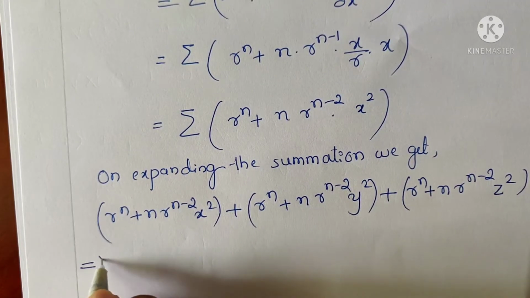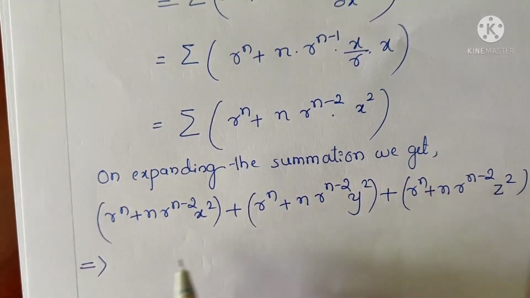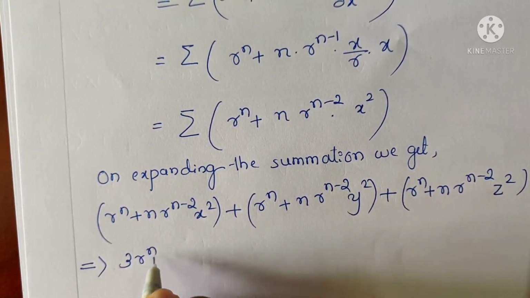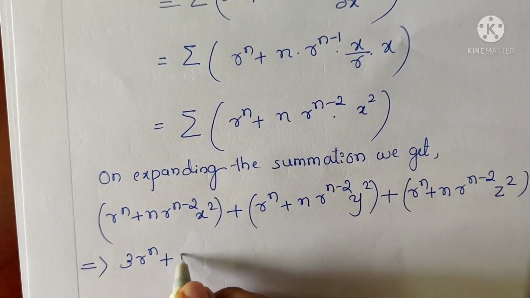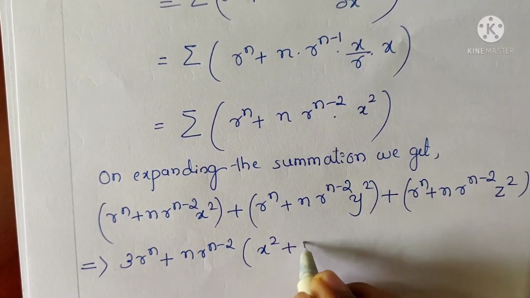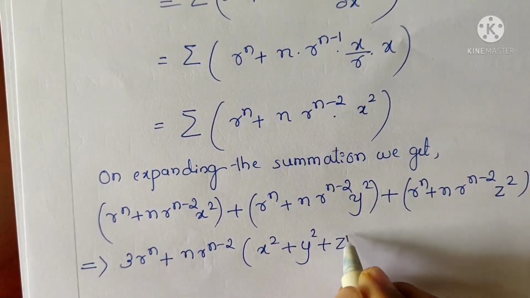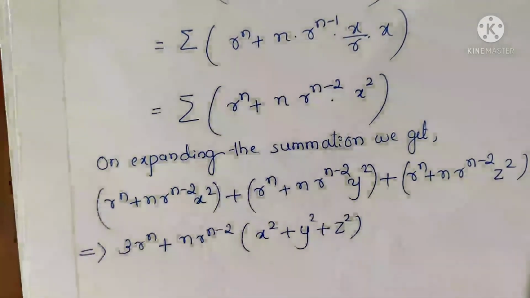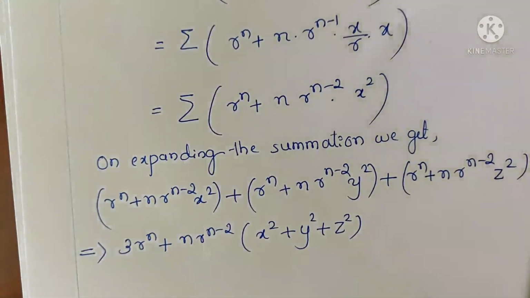So this implies what? r^n, r^n, r^n. So 3 times r^n plus n into r^(n-2) is common. So you are left out with x square plus y square plus z square. But x square plus y square plus z square is what? It is r square.